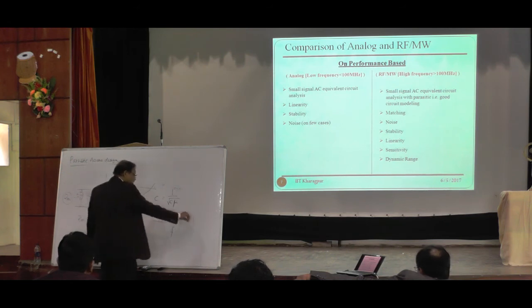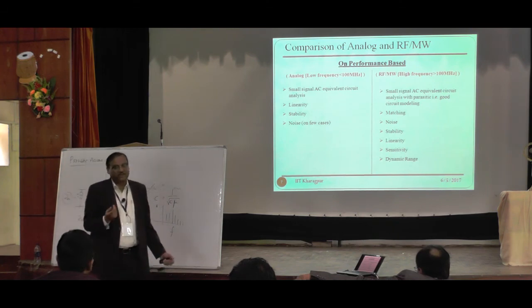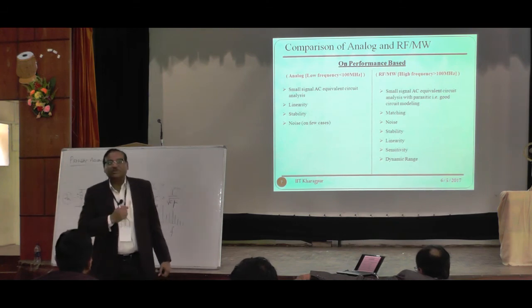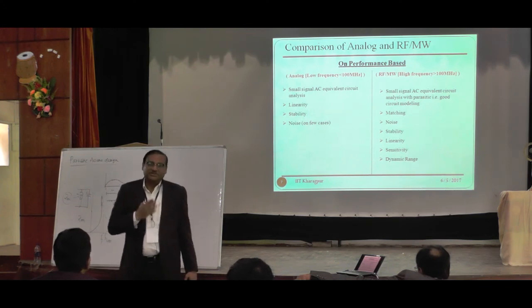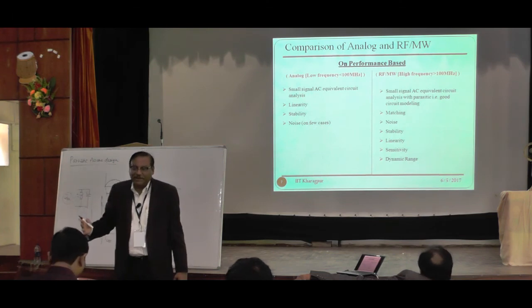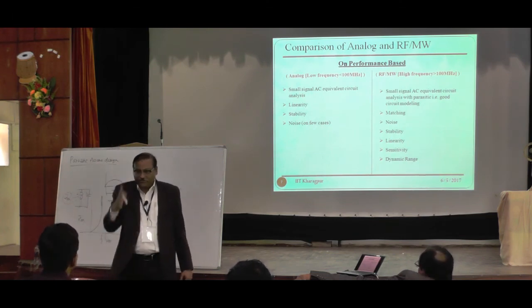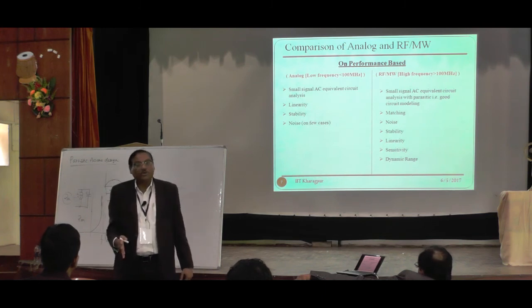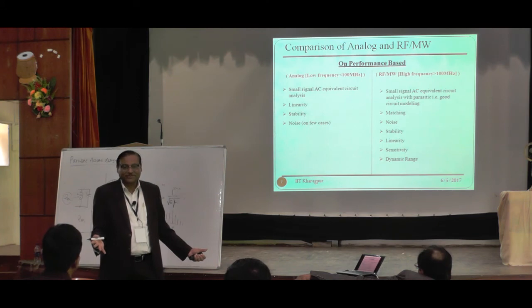But conservation of energy tells us what? Energy is fixed. Now because of the nonlinearity of the system, energy is distributed along all the spectral components. This happens at the cost of your fundamental component. What does it mean? The gain of the system will be lowered.